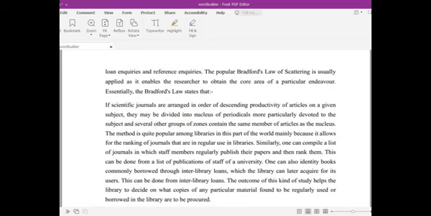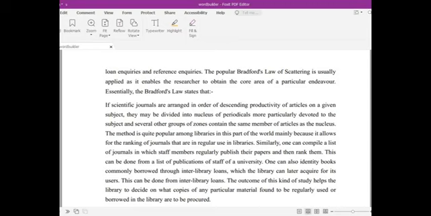This method is quite popular among libraries in this part of the world, mainly because it allows for the ranking of journals that are in regular use in libraries. Similarly, one can compile a list of journals in which staff members regularly publish their papers and then rank them.